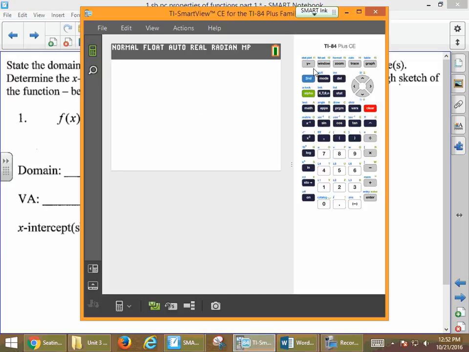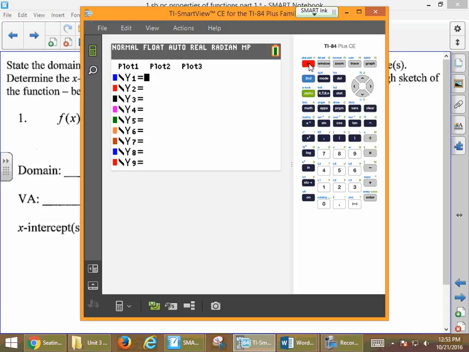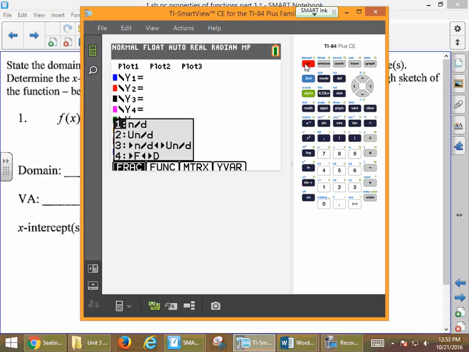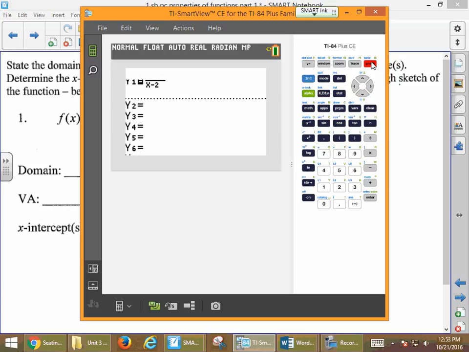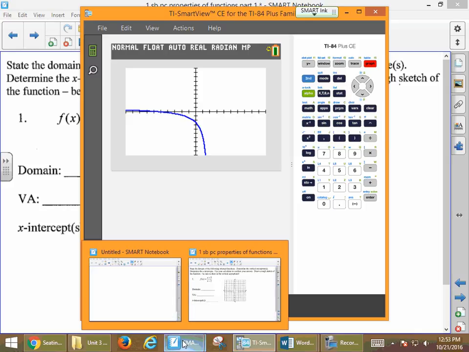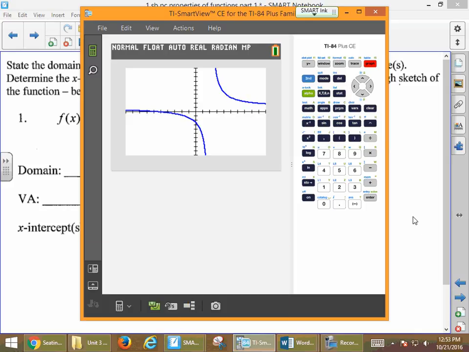If we go to y equals, and then alpha y equals to get our fraction button, and x plus 5, divided by x minus 2. And we look at the picture.